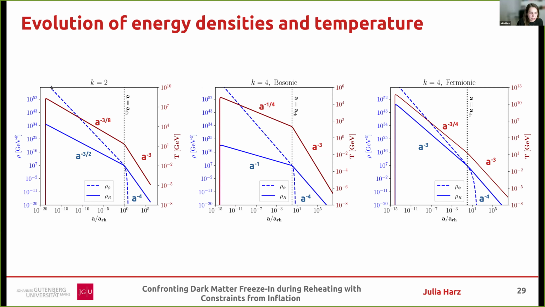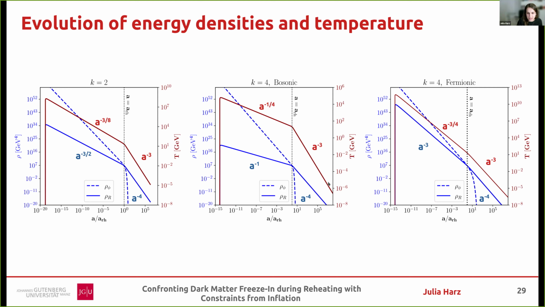So now what we expect is that first we have more energy density of the inflaton, but at some point when the energy densities are equal, we basically have more energy density of radiation. This is exactly here at the reheating temperature, where by definition the densities are equal. You also see that for k equals 4, bosonic or fermionic, the evolution looks different.